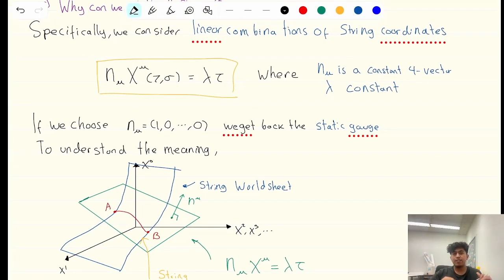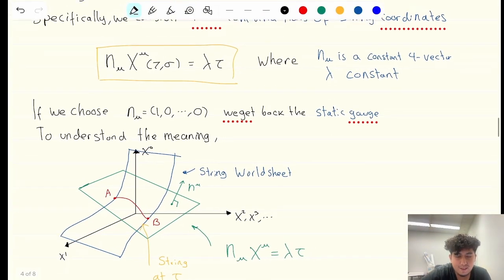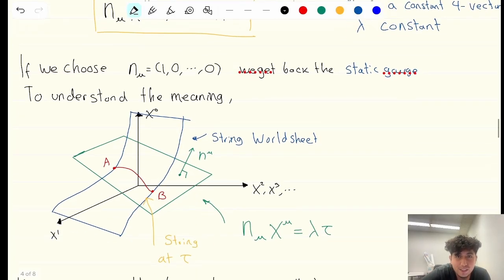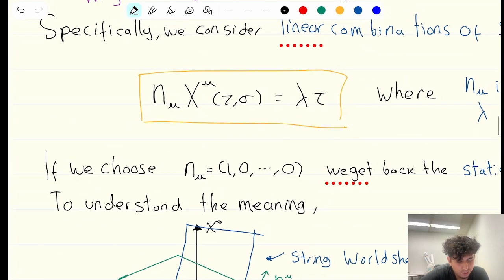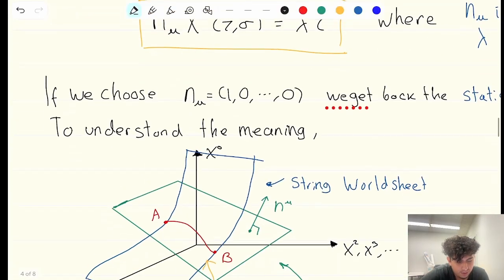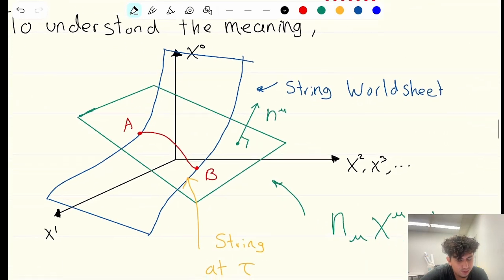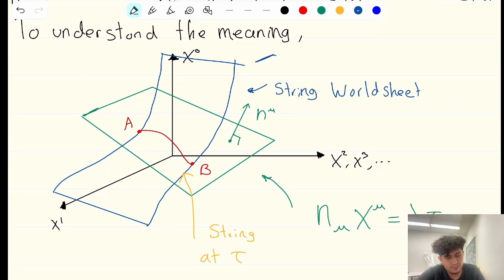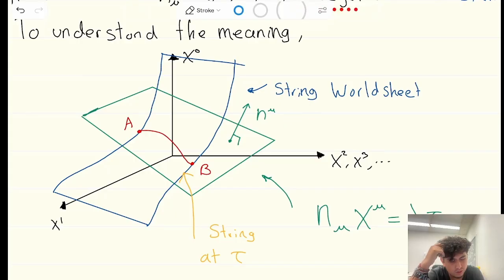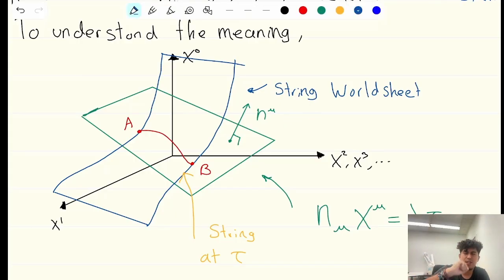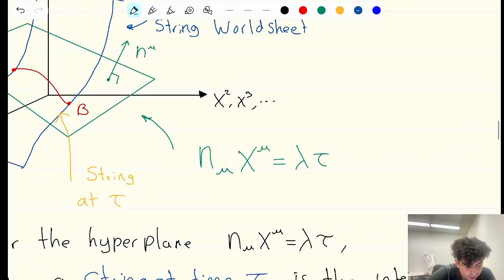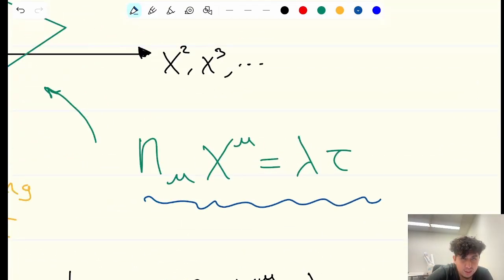But in this generalization, what the generalized gauge means, this choice of linear combination, is the following. Imagine you have a string worldsheet. The string worldsheet is this blue stuff, and you have some hyperplane that is determined by the normal, by this n mu that you're choosing. So this hyperplane has this equation.